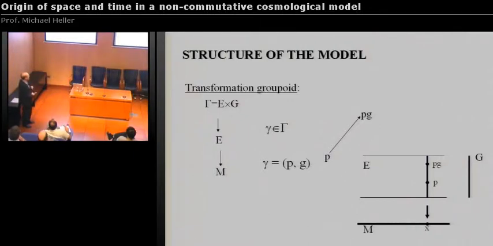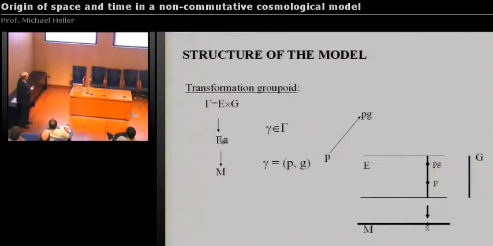But we multiply this space E in the Cartesian way by, again, the same structural group, the Lorentz group. And we denote this Cartesian product by capital gamma. And it has a structure of what in mathematics is called a groupoid. The concept of groupoid is a generalization of the concept of group.